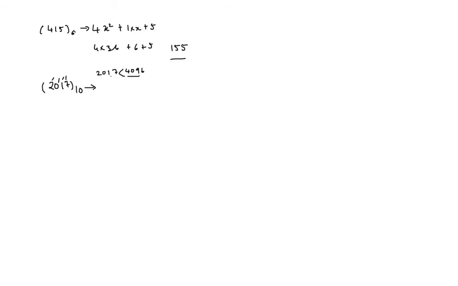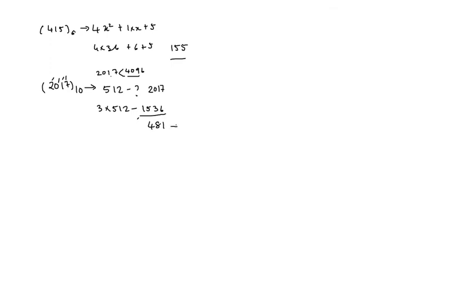So the first question, how many 8 cubes? What is 8 cube? 8 cube is 512. How many 8 cubes are contained in 2017? So approximately 3, right? So you remove 3 into 512, which is 1536, from 2017. And here you are left with 481.